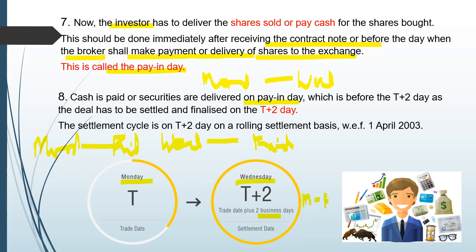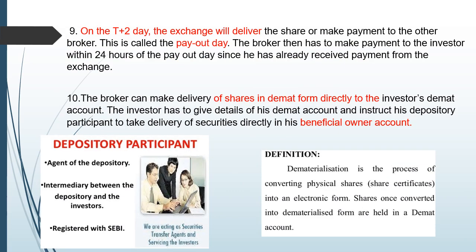Okay, so now what you've done, you send the money to the broker, and the broker is also paid for the particular shares of the particular company. Now what will happen? On the T plus 2 day, the exchange will deliver the shares or make payment to the other broker.